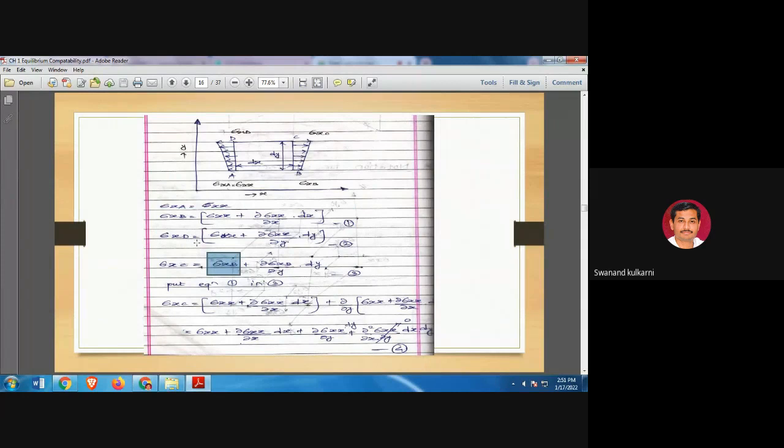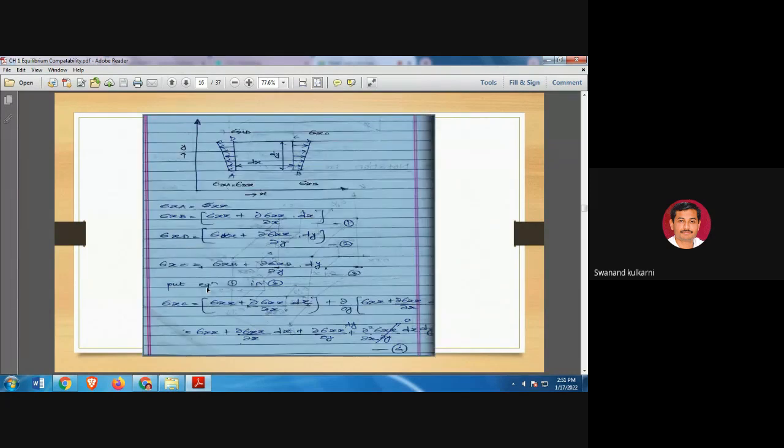Is it okay? If we substitute equation 1 at this location, then what will we get? We will get sigma xc. So sigma xc is nothing but this sigma xb, which is replaced here with equation 1, or equation 1 is substituted in this equation 3. Then what do we get?